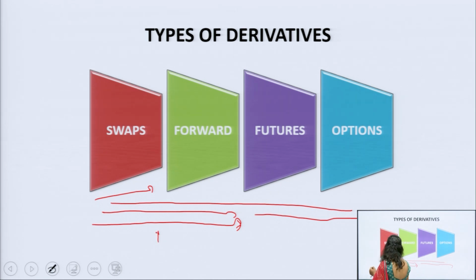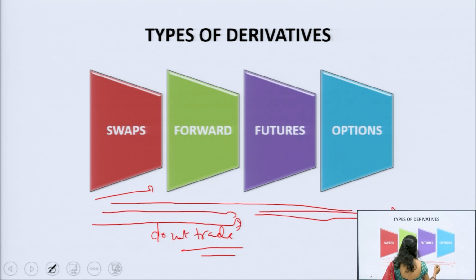Because these do not trade in a particular stock market exchange, and futures and options you can trade directly in that particular stock exchange market. So let's first talk about swaps.